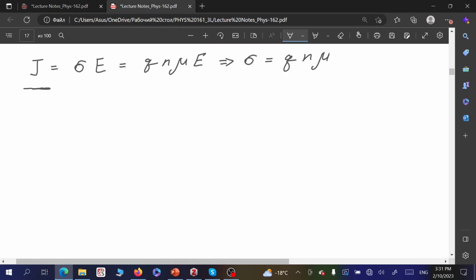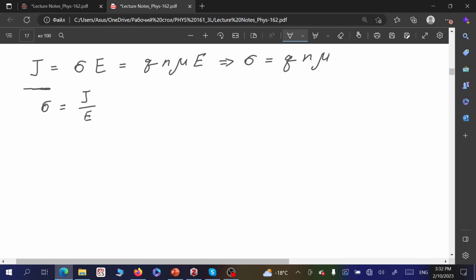We get the magnitude of electric field. Specific conductivity: once we can measure J and know E, we get the specific conductivity. Sigma is equal to J over E. So no problems so far.